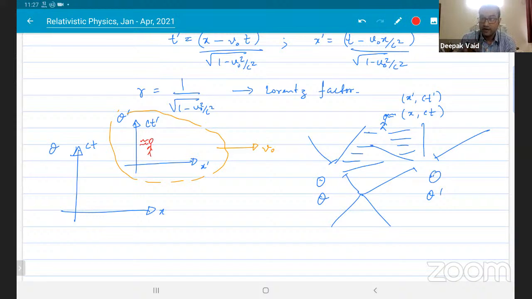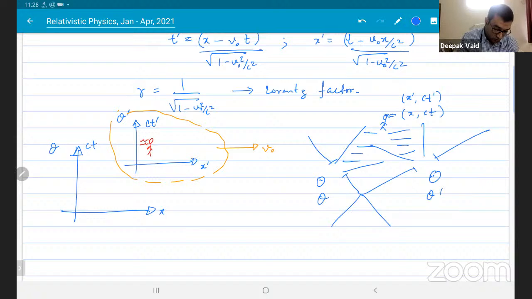This is important to keep in mind, because sometimes it might seem like the event is embedded within the frame of reference, but it's not. It's something independent of any observer, right?